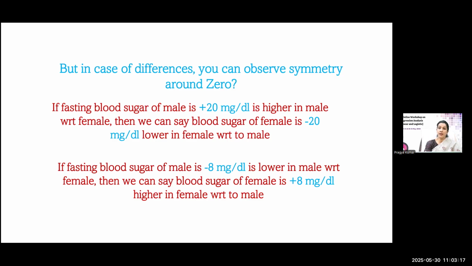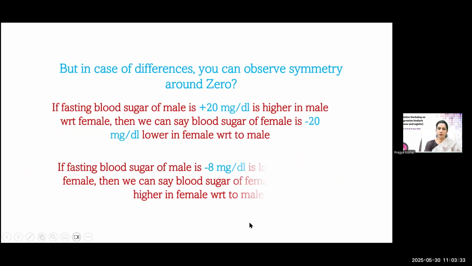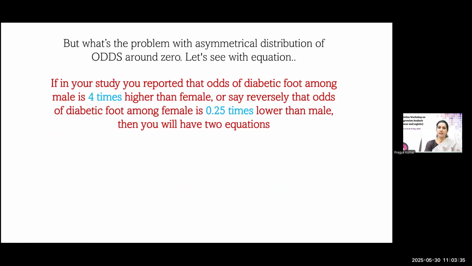So here you will find symmetry, but with odds you will not find symmetry, because it is saying 2 times and then 0.5 times, 3 times and 0.33 times, 4 times and 0.25 times. It's a proportion. That's why you cannot say like that. So how can we tackle this problem?